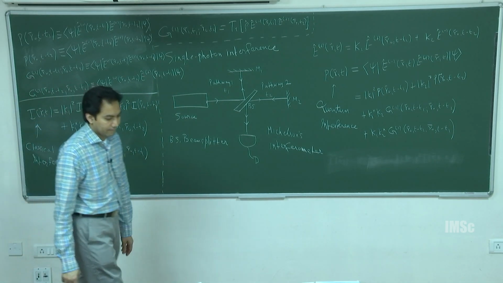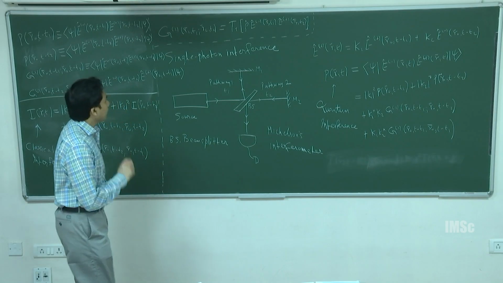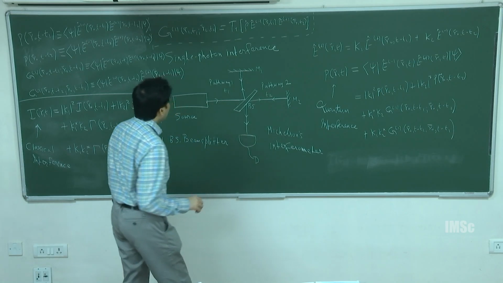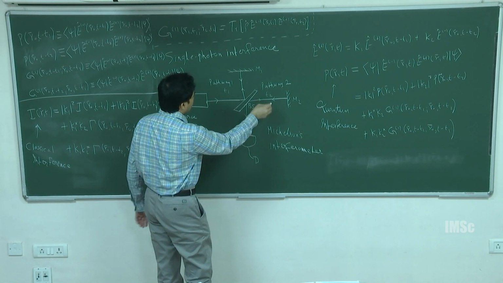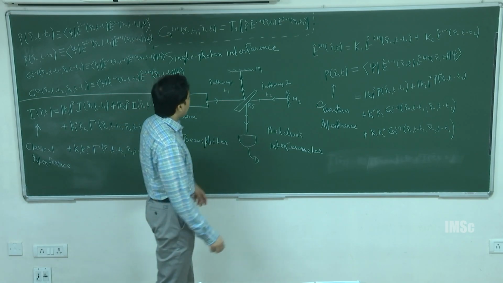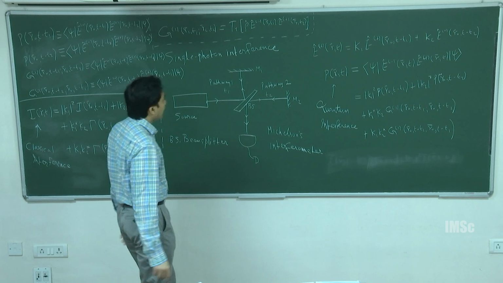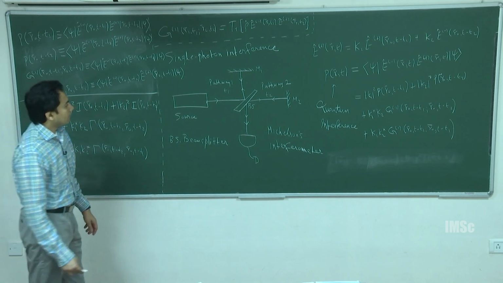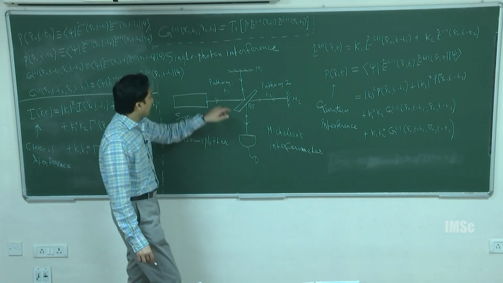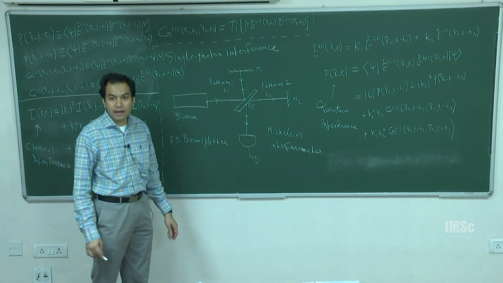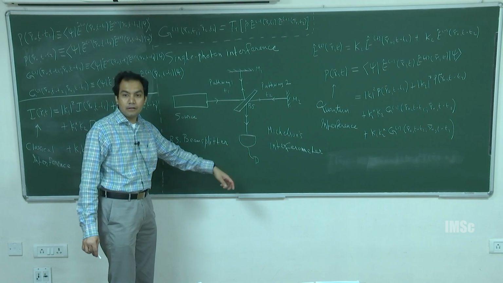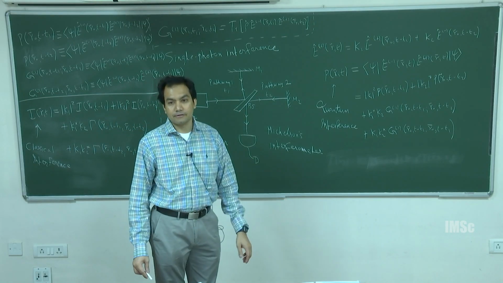So that's what it is. One thing is, of course, we cannot arbitrarily change the lengths of the two arms, because if the difference in the path length exceeds the coherence length, or if T2 minus T1 exceeds the coherence time of the source, then the pathways become distinguishable and you will no longer observe interference.